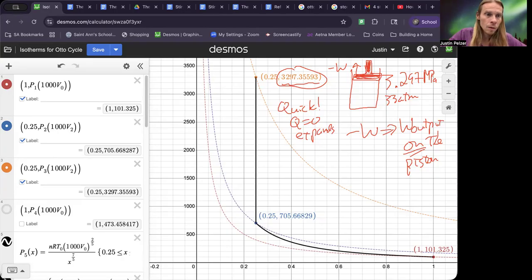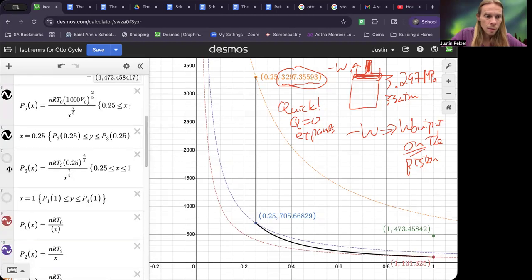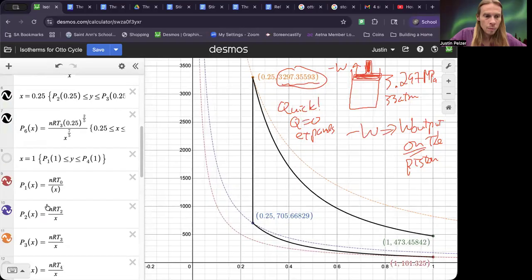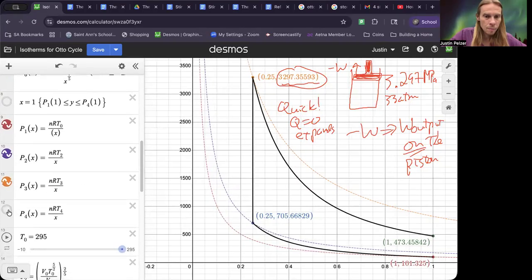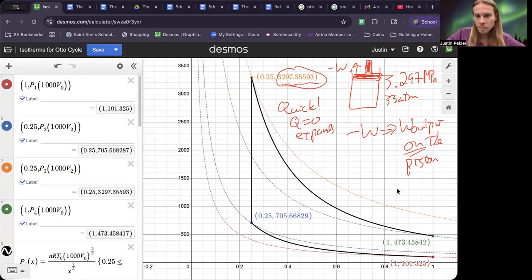And therefore, we're going to then have a fourth point down here, adiabatic expansion, right? Back to, oh, and we need our last isotherm, back to 1 liter, right? So that's our drawing, right?